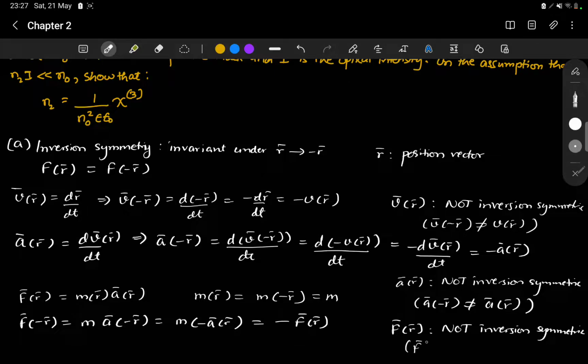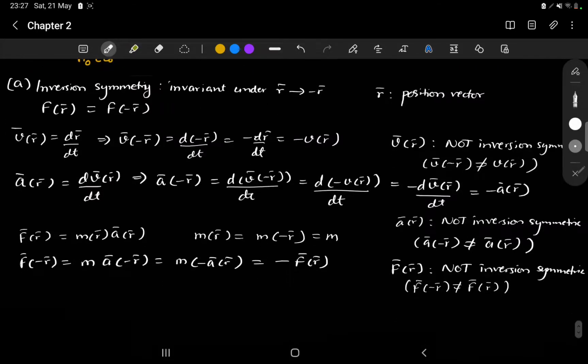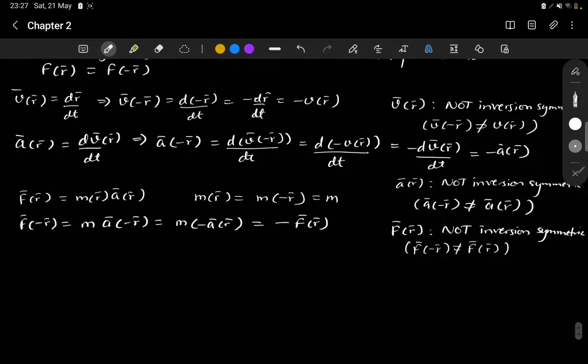Because force at minus r is not equal to force at r. It is the negative of force at r. Now, we also know that in the case of electrostatics, force is equal to charge times electric field. So let me rewrite this.